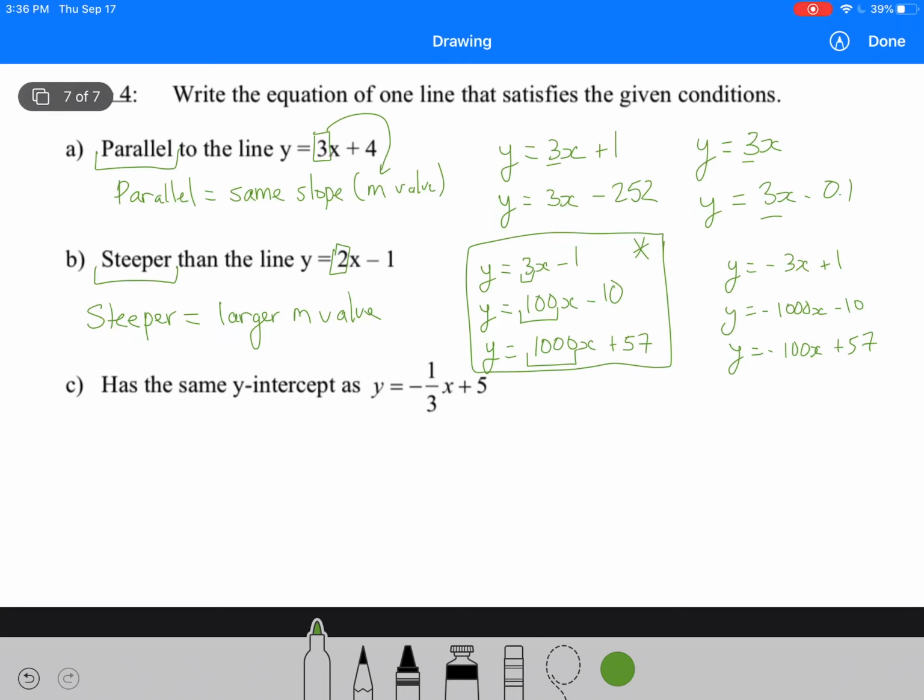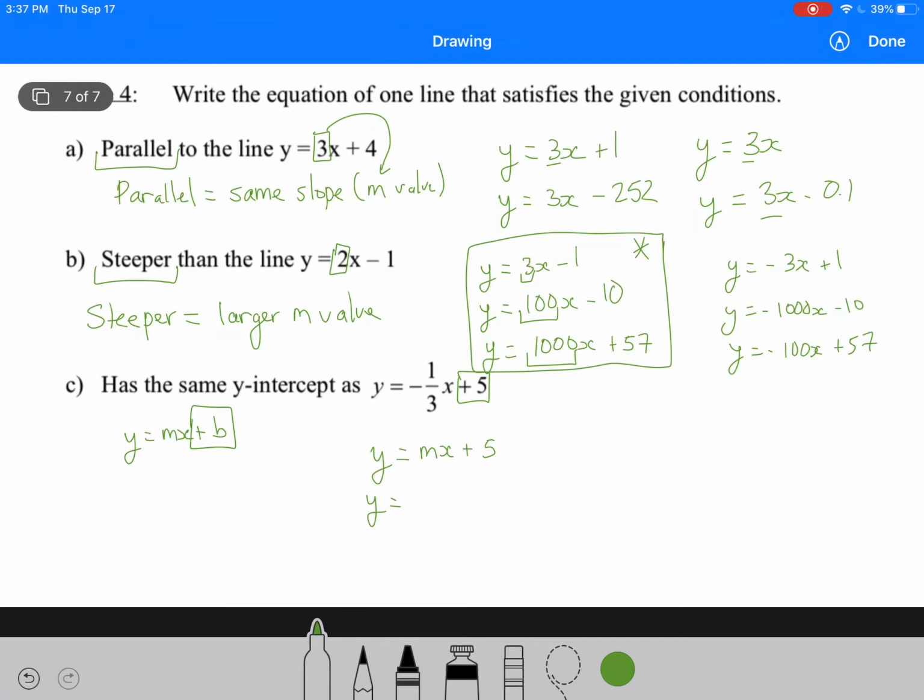Now, the last one has the same y-intercept. Remembering y equals mx plus b, the plus b part is our y-intercept. So that means positive 5 is the y-intercept in this question. As long as our equation ends with plus 5, we can choose any m value we want.